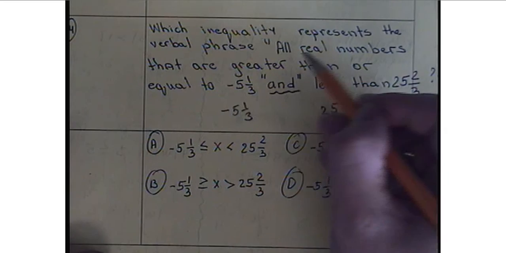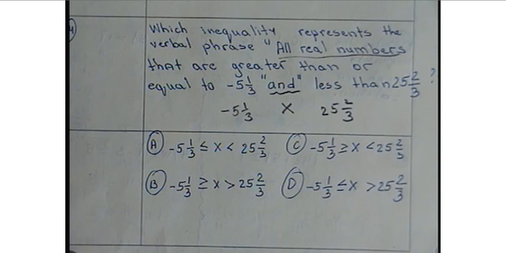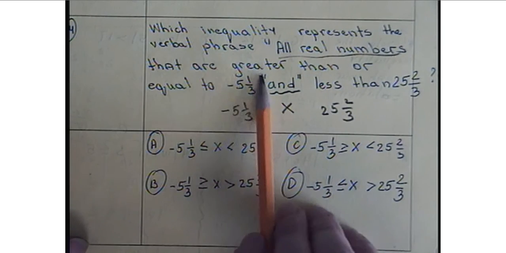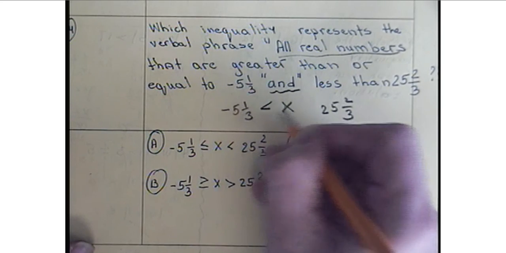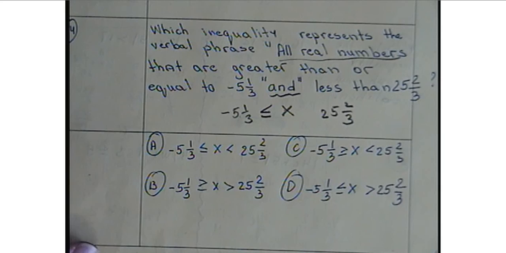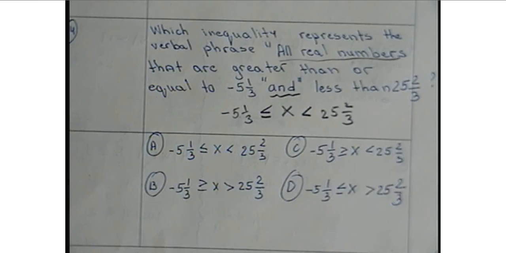And you have all real numbers, which could be x, a, b, any variable could represent the real numbers. And then it says they will be greater than or equal to. So those numbers are greater than or equal to negative 5 and 1/3, but they also are less than 25 and 2/3.